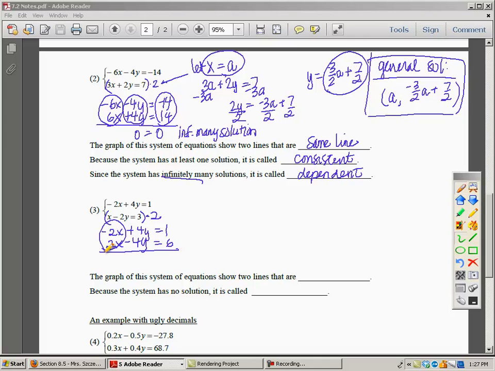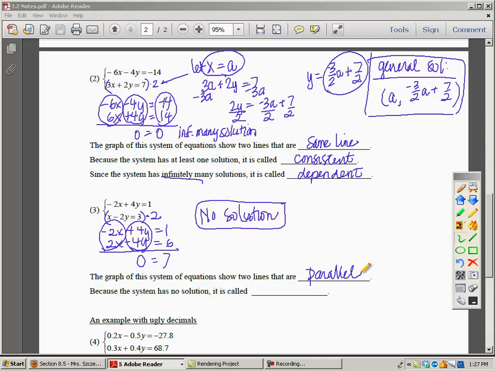Here's the opposite. Oh, but here's also an opposite, so I get 0 on this side. 1 plus 6 makes 7. In this case, 0 can never be 7, so we say no solution. Okay, that means the two lines are parallel.